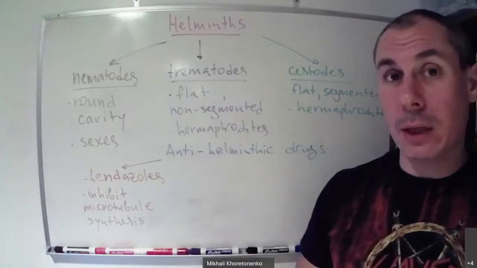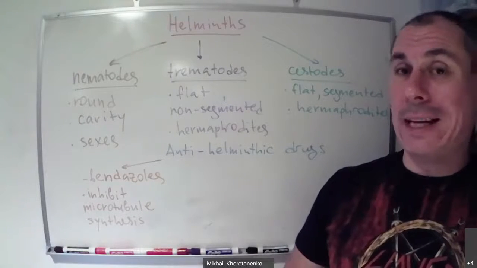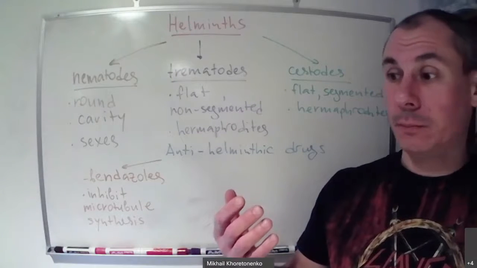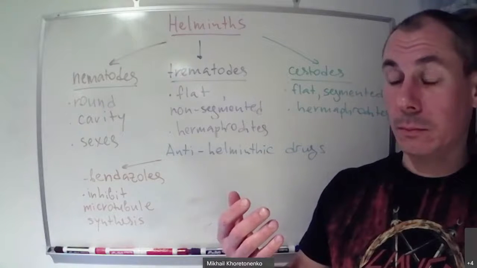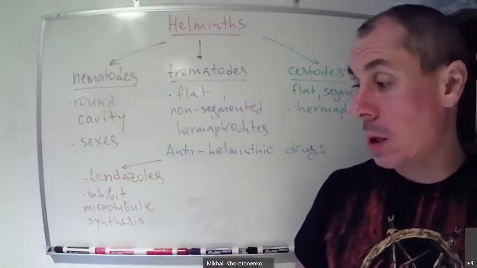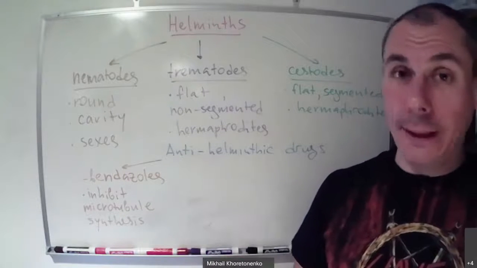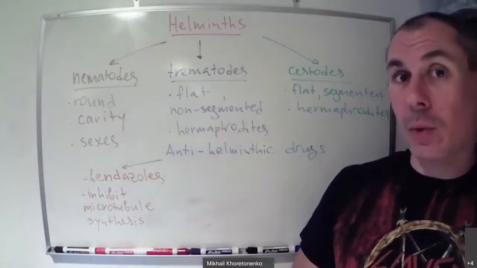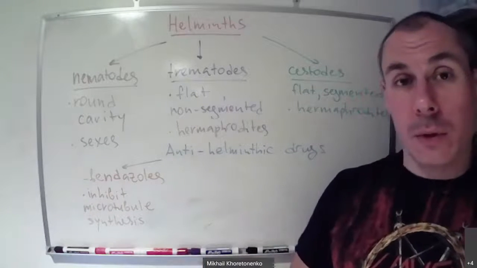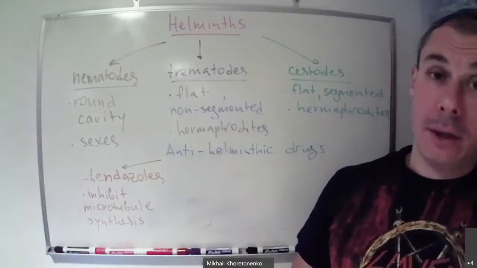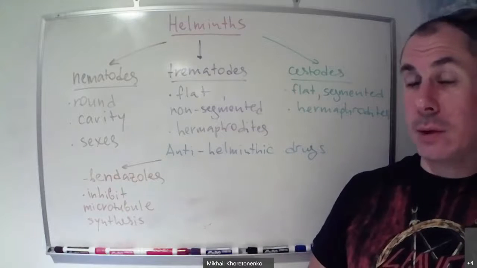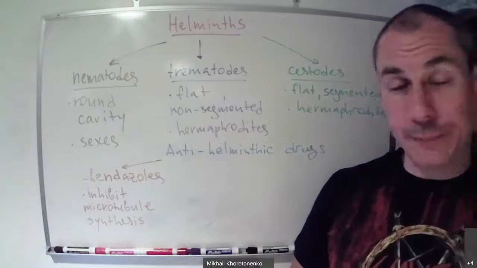The disease associated with the helminthic infestation is caused by an adult rather than the process of its replication. So you have to be able to immobilize, to paralyze, or to disintegrate an adult worm. And inhibition of microtubule synthesis actually leads to impaired cell division and eventually the death of an adult worm.